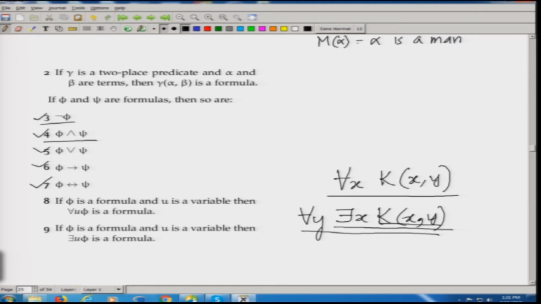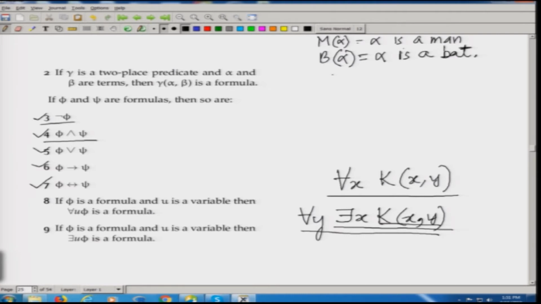And we have another predicate, B. Suppose B alpha means alpha is a bat.